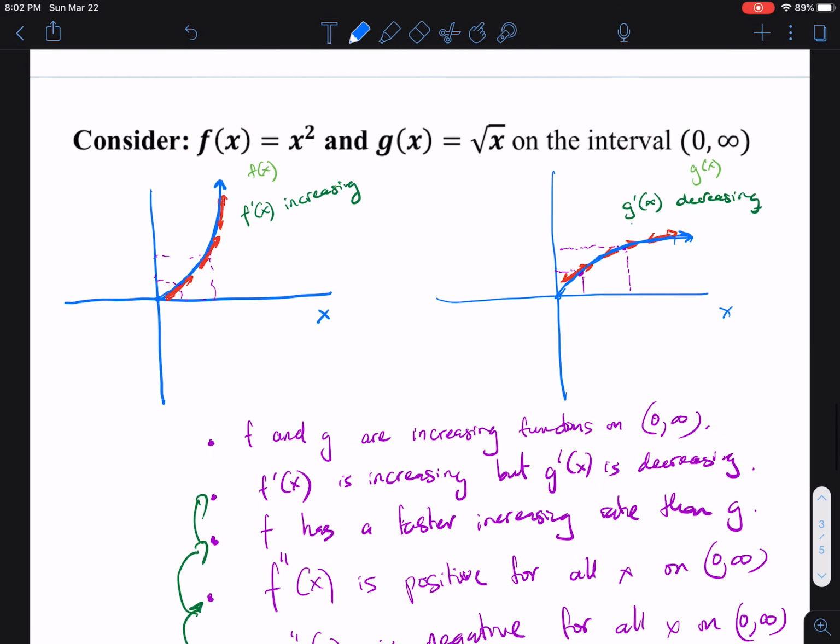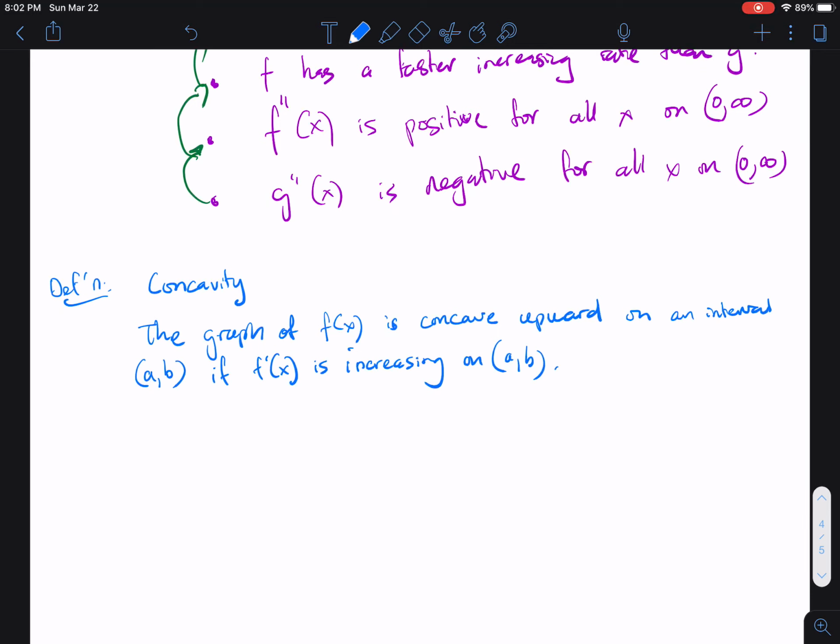So the first derivative is increasing, so the graph is turning up like this. That's concave up.